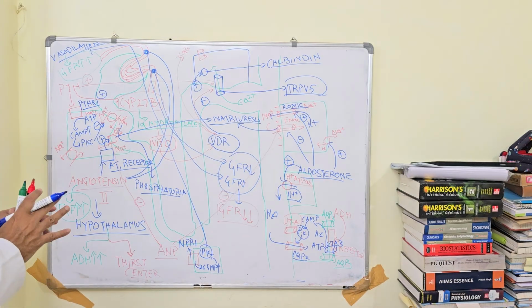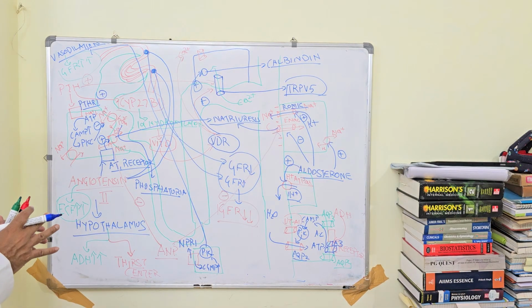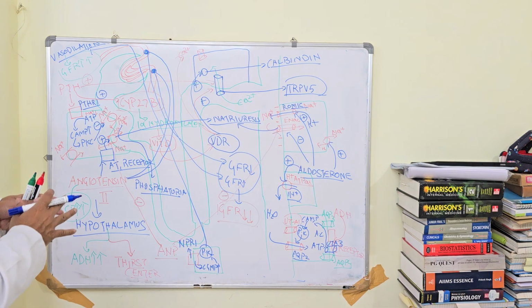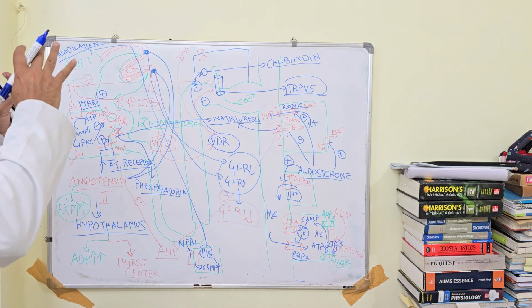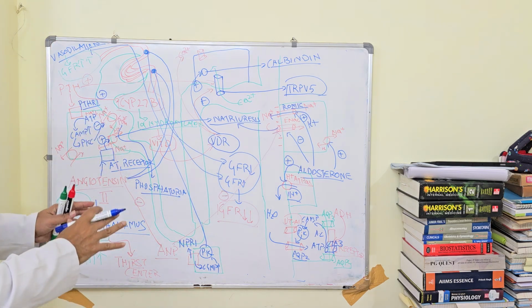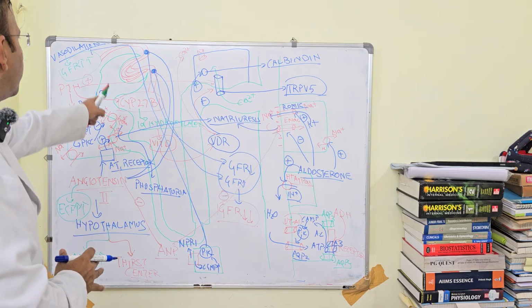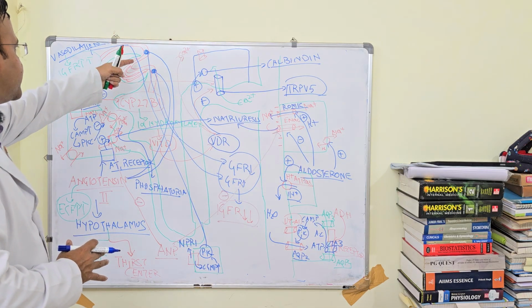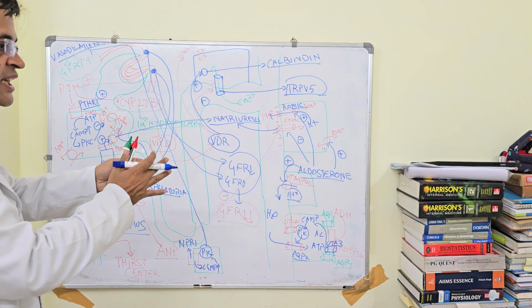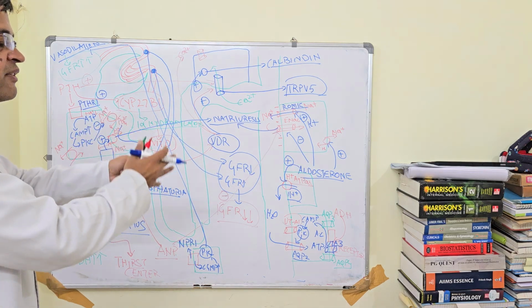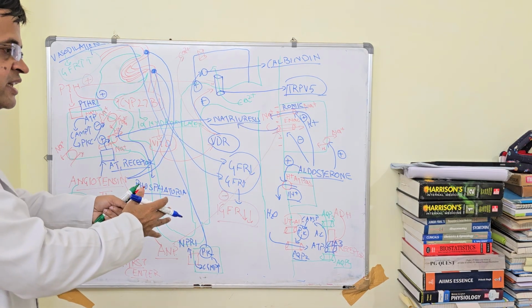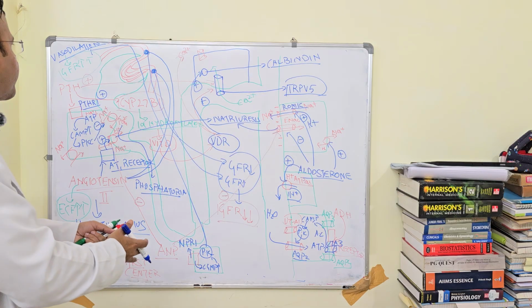So ANP, through all its actions, is actually increasing the excretion of sodium and water and reducing the ECF volume. How? ANP, by acting on the arteries, is causing vasodilation, so it is increasing the level of GFR. If GFR increases, of course, you will get more urine.